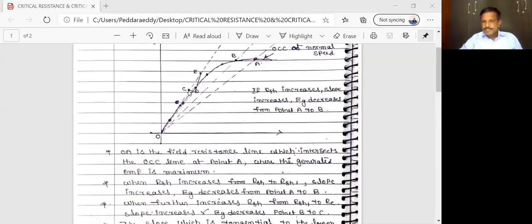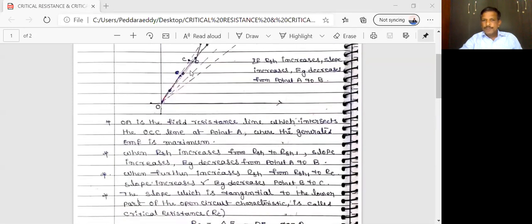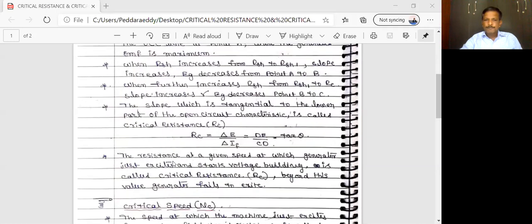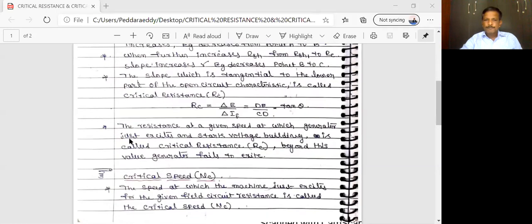So this is the RC line. Take any one point on the RC line, say C. Draw a line from C, so here D. Extend it, and where it cuts, that is point E. Okay, so DE by CD gives us the critical resistance RC.